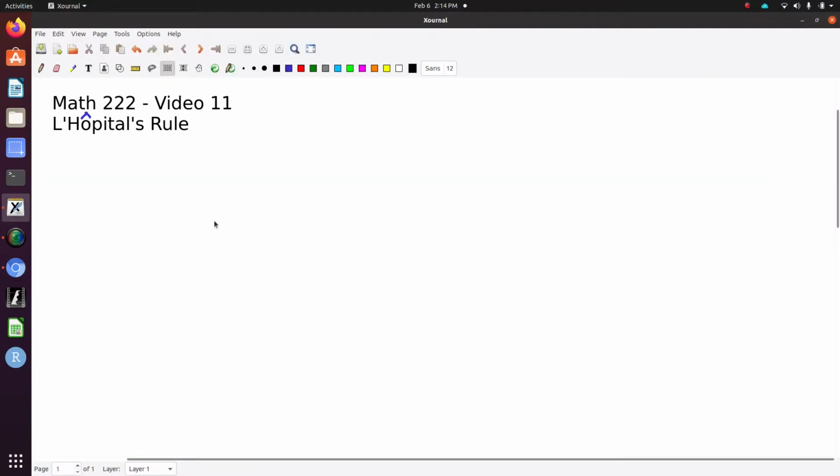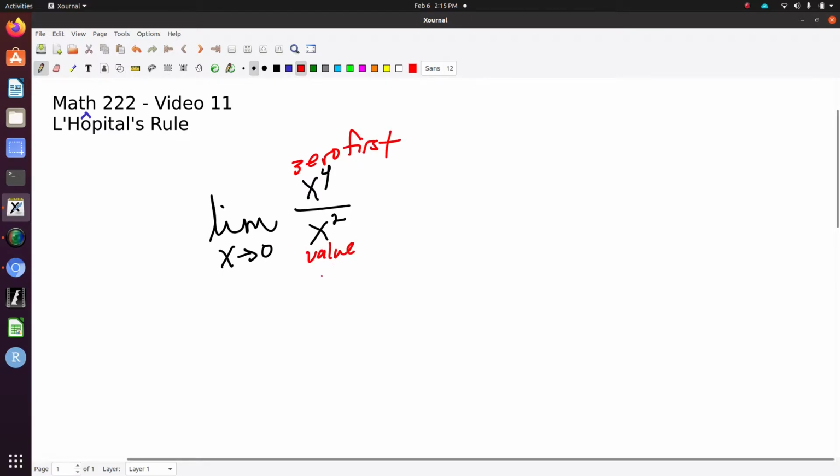So let me just explain that in writing here. If we say the limit as x approaches 0 of x to the 4th over x squared, this guy essentially goes to 0 first, and this guy has some value not equal to 0 relative to x to the 4th. So this whole limit is going to be 0.